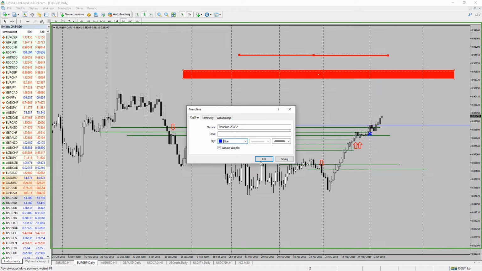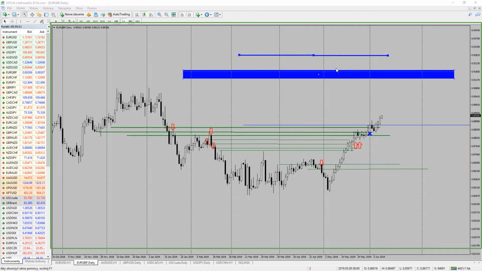So again, I might work with a 15-minute chart, right? But if we are approaching some levels or zones and I can see it's a blue color, it means that we are approaching some significant levels based on the weekly chart, right?